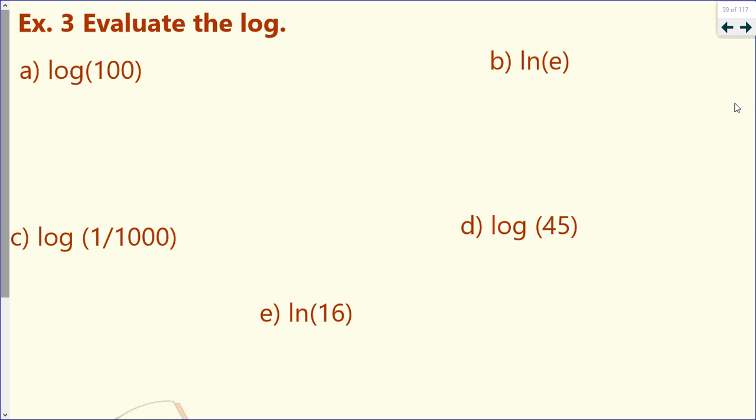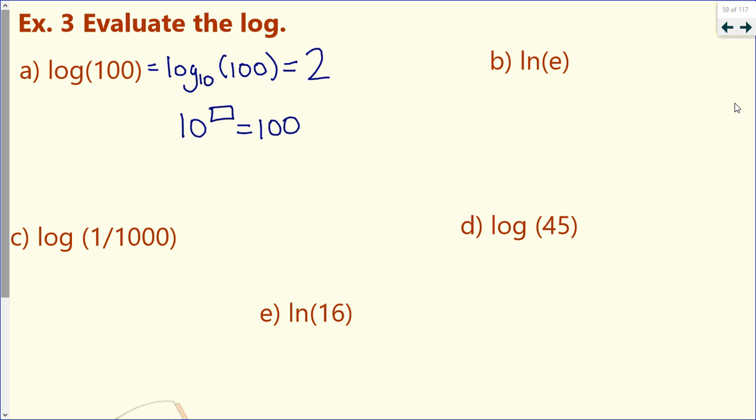Okay. So now we're going to do some log evaluations of the common log and the natural log. I want you to remember that if you just see log, that means log base 10. Log base 10 of 100 means 10 to what power is 100? Yep, it's a 2. 10 squared is 100, so log of 100 is 2.